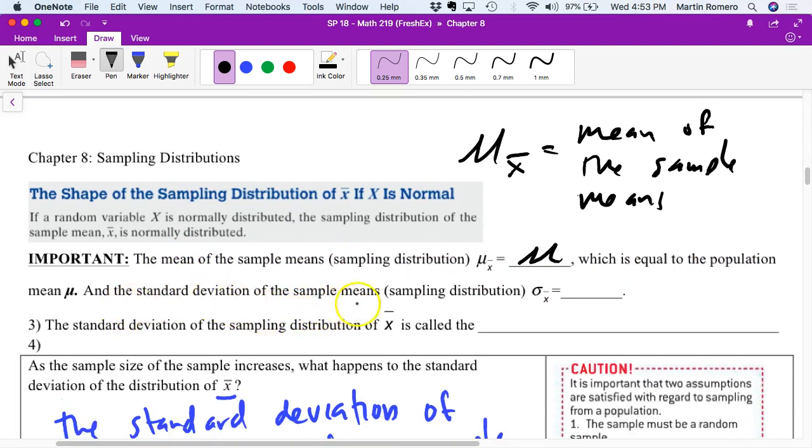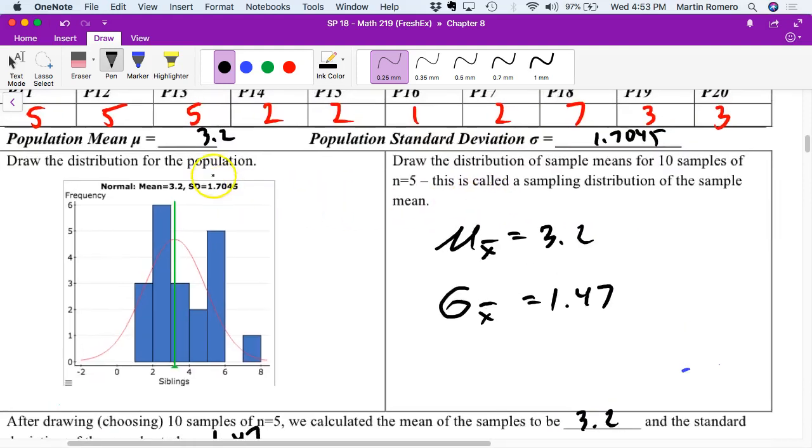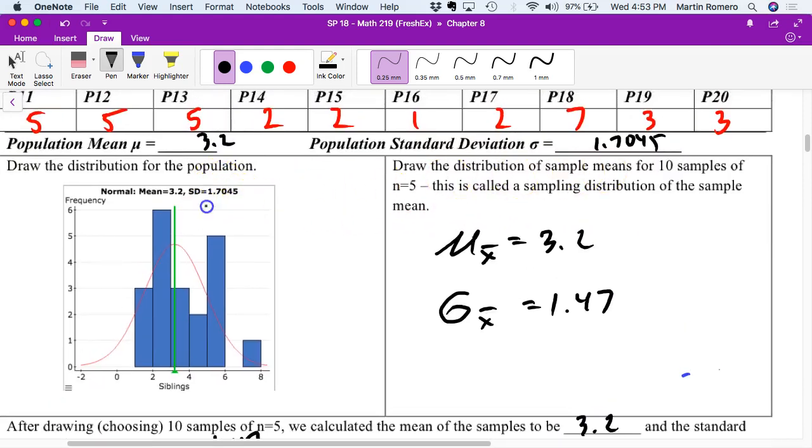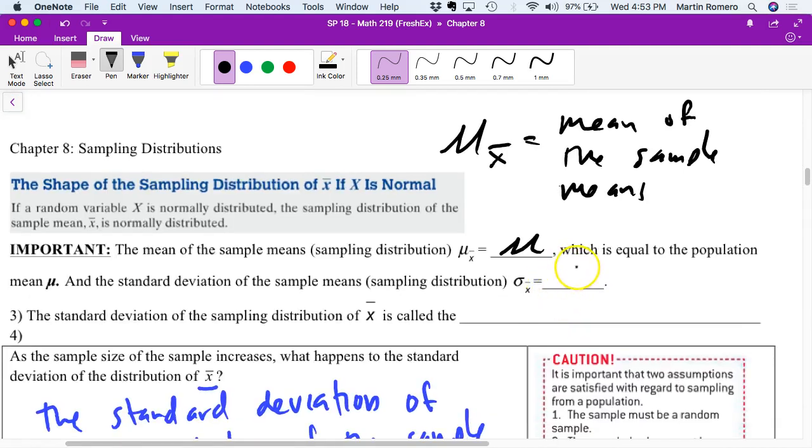And the standard deviation of the sample means, the sampling distribution, is equal to, and if you notice, this value was not equal to the population one. It is actually equal to an adjusted value. It's equal to the standard deviation divided by the square root of n. This value has a very special name.